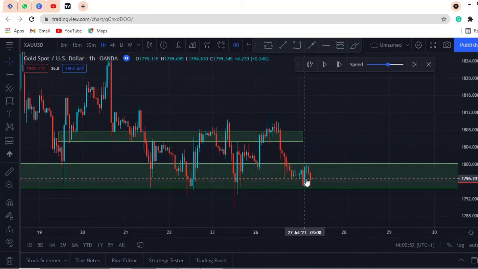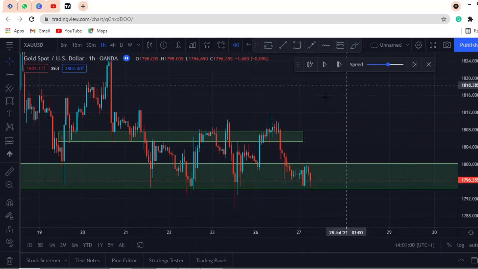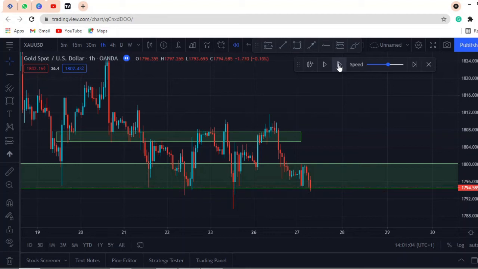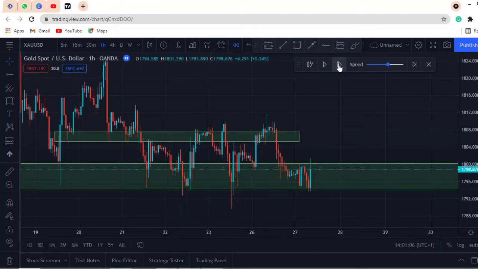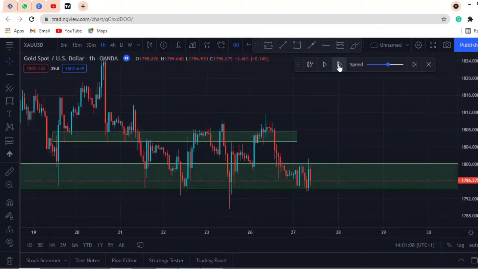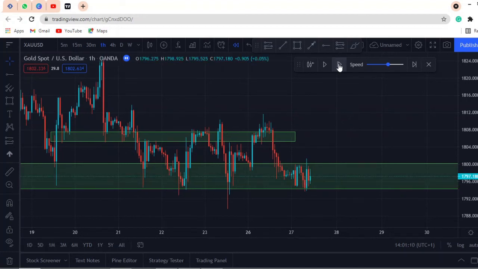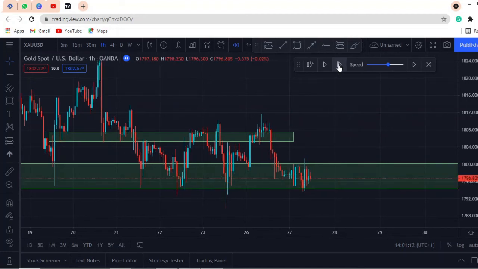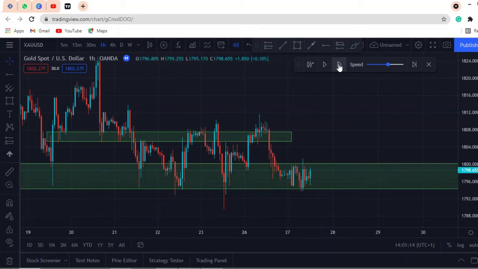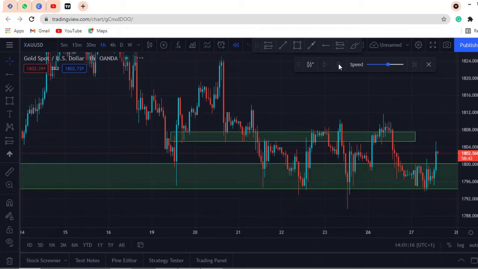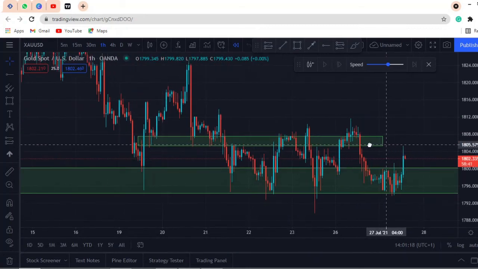So I think yesterday when we entered somewhere around here, I can't quite remember well, then we got this move here. You see that it obeyed, then there was a very strong push to the upside, and until today gold has really gone up like this.